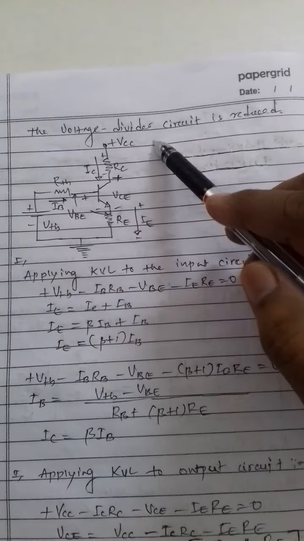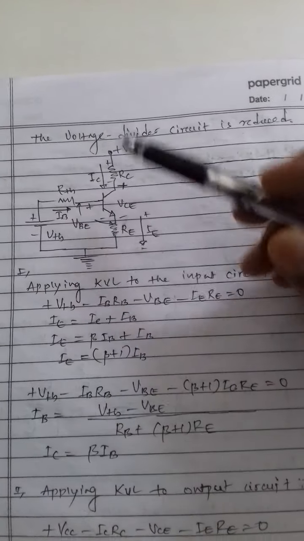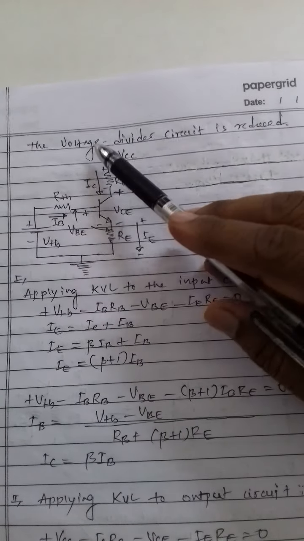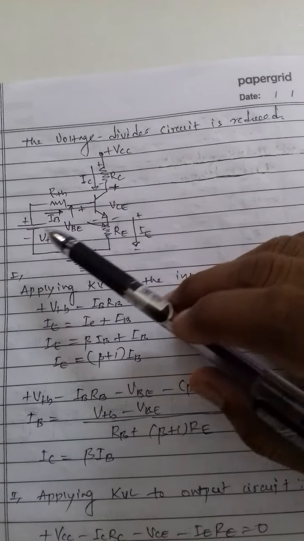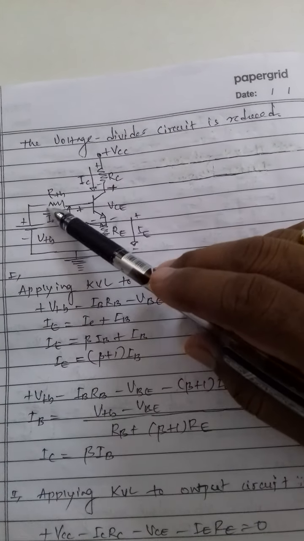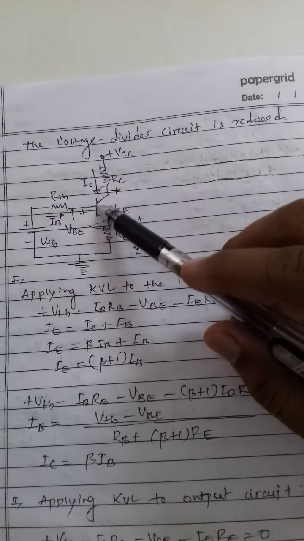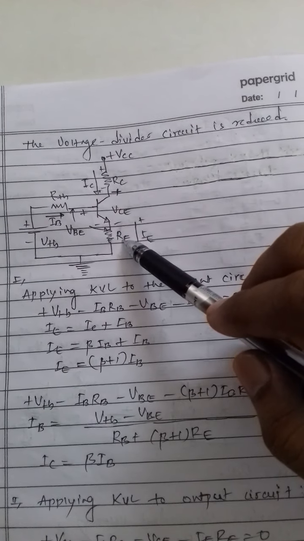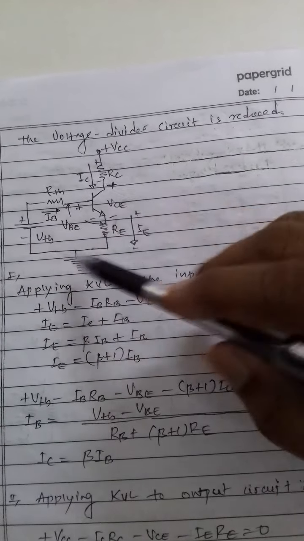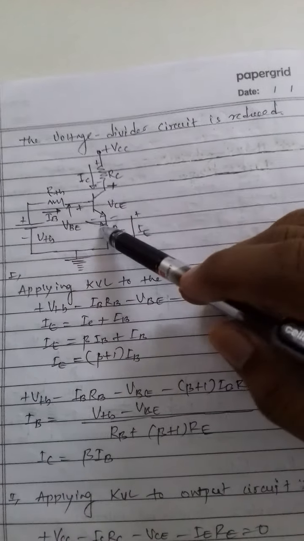The voltage divider circuit, the combination of R1, R2 and the supply voltage, is reduced to a voltage VTH in series with a resistance RTH, and a resistance at the emitter RE and a collector resistance RC.